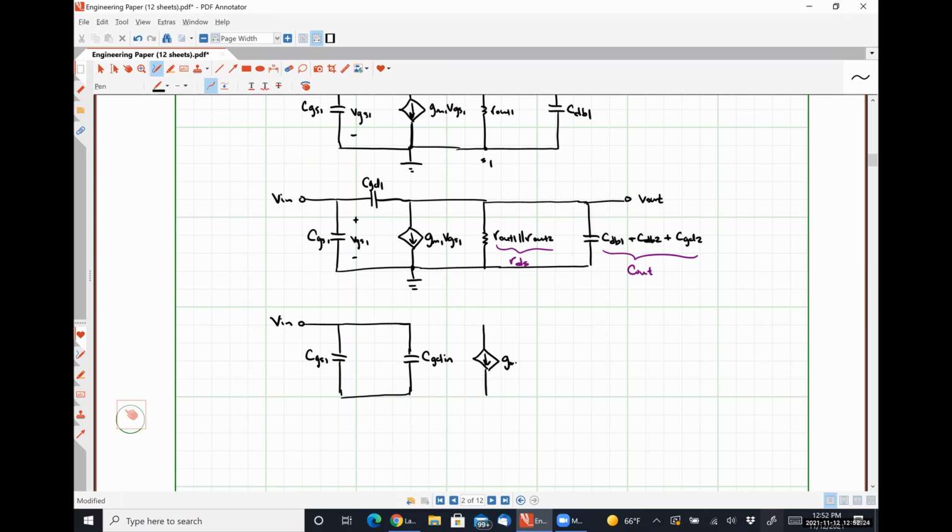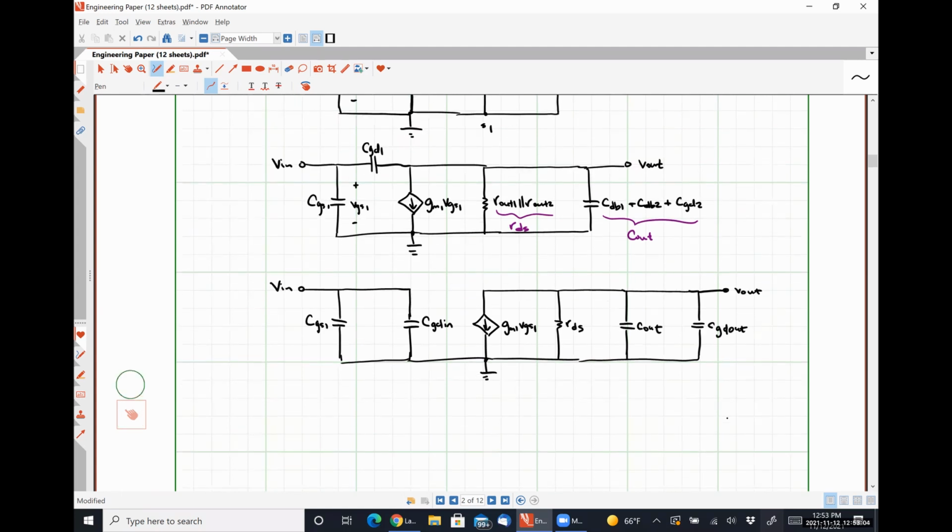Then over here, I'm going to have GM1 VGS1 in parallel with what we've called RDS, in parallel with what we've called C out, in parallel with CGD out, which will be the portion of CGD1 that gets referred to the output. All of these share a common ground node. Here is where V out is taken.